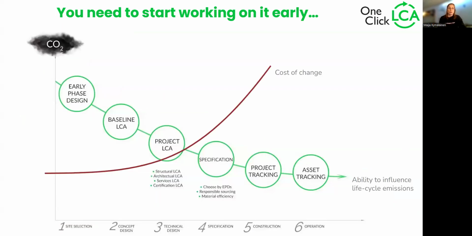And here is another picture. Changing the project direction becomes increasingly difficult and costly as the project progresses. So decarbonization potential is limited, as well as the ability to influence specifications, because the cost of change increases as these project phases move forward.